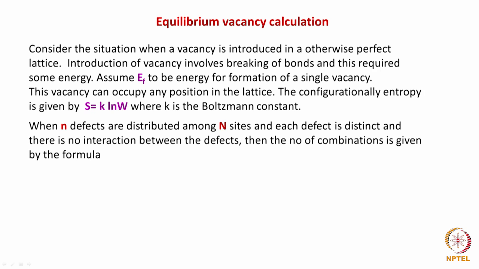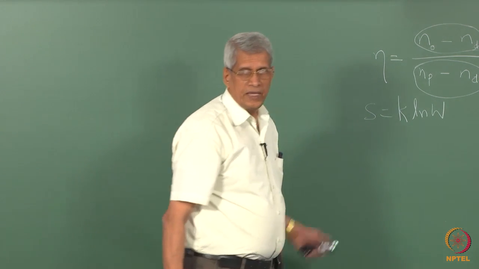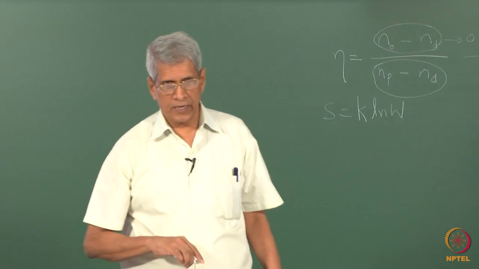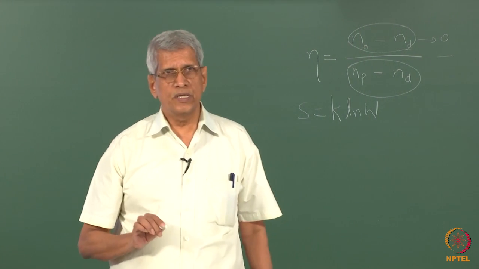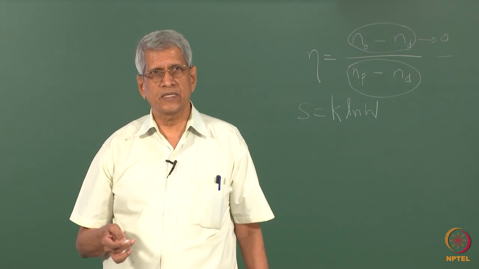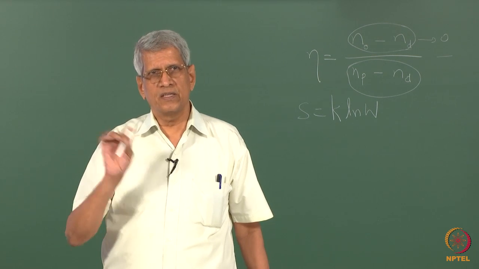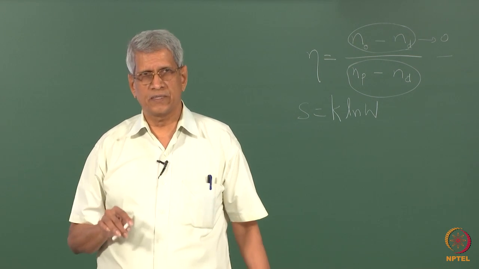S equals k ln W, where k is the Boltzmann constant. W is nothing but the number of combinations, or the number of ways in which these vacancies could be arranged in the lattice, correct?